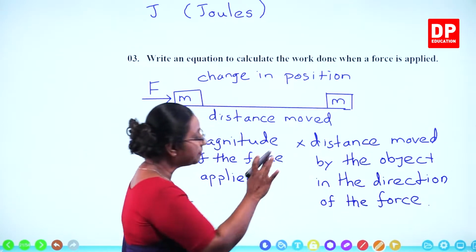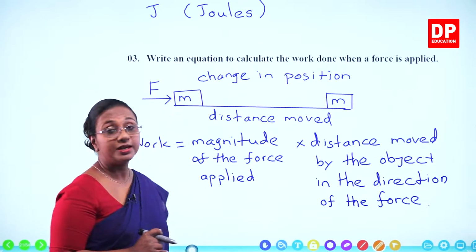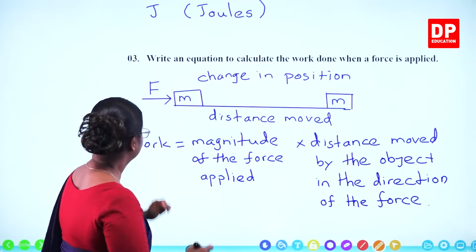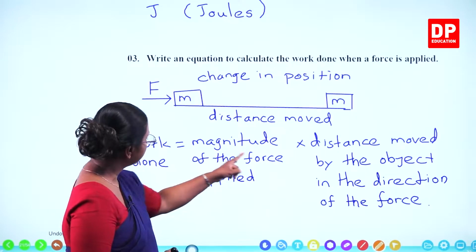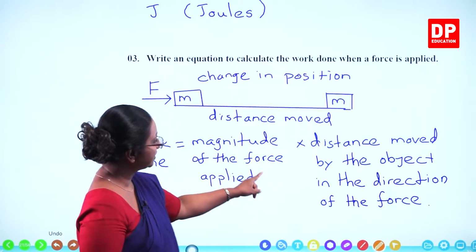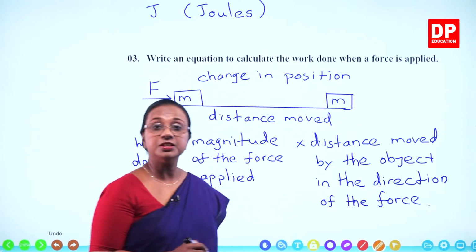That is the complete equation, word equation to calculate work done. Work, or we can say work done, equals magnitude of the force applied multiplied by the distance moved by the object in the direction of the force.